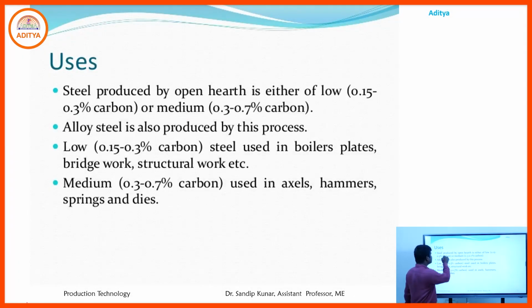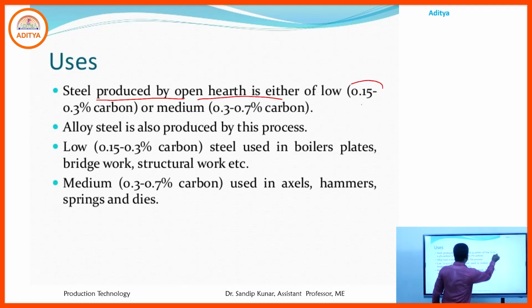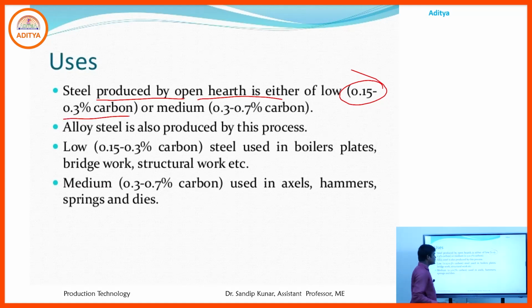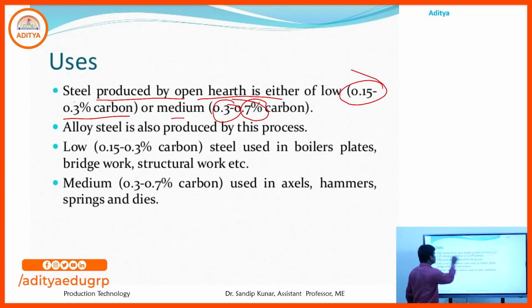Uses. Steel produced by open hearth is either low carbon, meaning 0.15 to 0.3 percent carbon, or medium carbon, 0.3 to 0.7 percent. Using these carbon percentages we produce steel in the open hearth furnace.